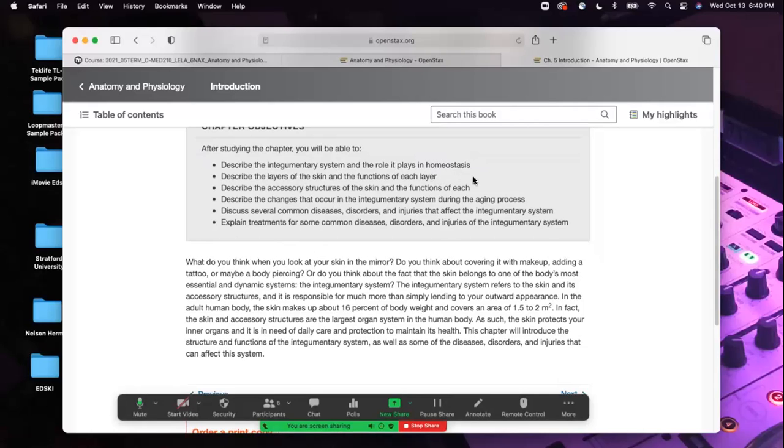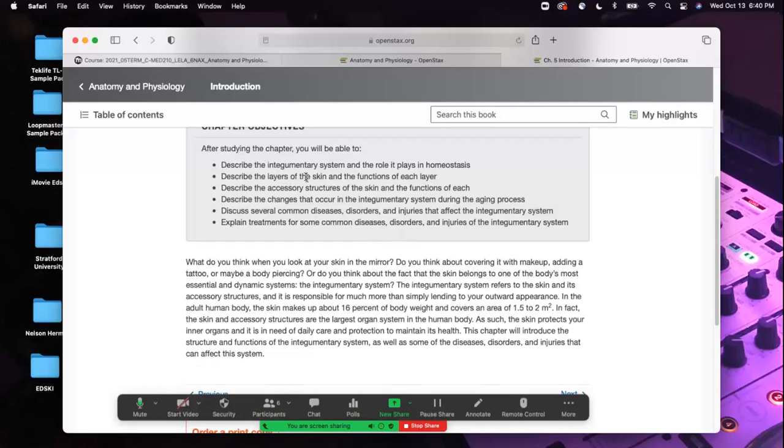Homeo, same, stasis, to stand in one place, to regulate your body. You can't be too far to the left, you can't be too far to the right, you can't be too much, you can't be too little. You always need to be in the middle. Layers of skin, accessory structures, right? Aging process, and we're just going to touch a little bit on some disorders, okay? But remember, this is not a pathology class, so we're not going to be discussing these last 2 bullet points.